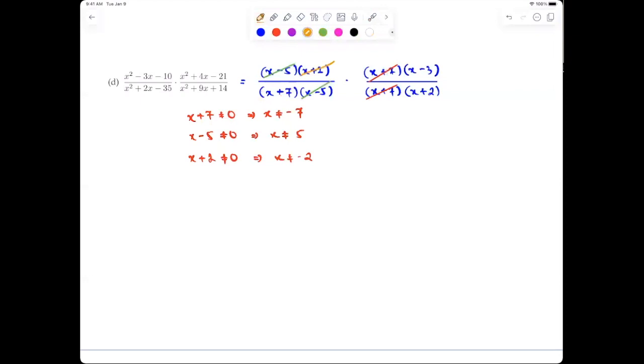And one more x plus 2 cancel out. And you're left with x minus 3 over x plus 7. Good? All right.